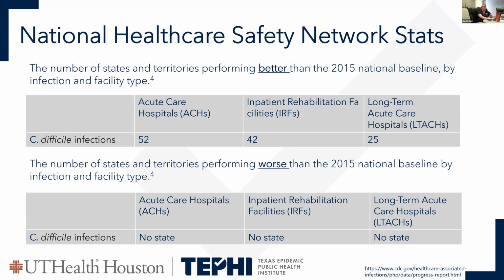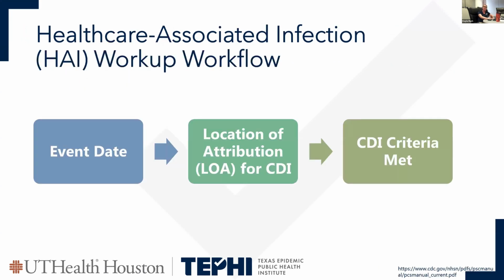And we don't have any facility in any category for C. diff infections performing worse than our baseline data from 2015. So that's really great that in the last 10 years, there are more initiatives with antibiotic stewardship and compliance and awareness around C. diff infections, but more work still needs to be done to help prevent this.